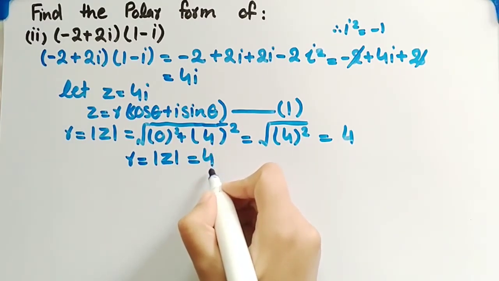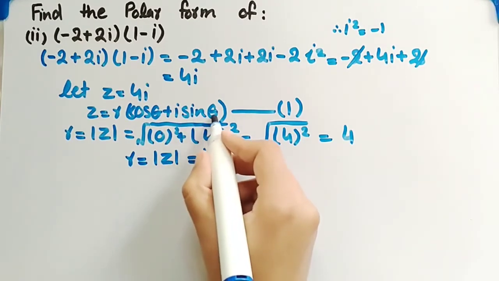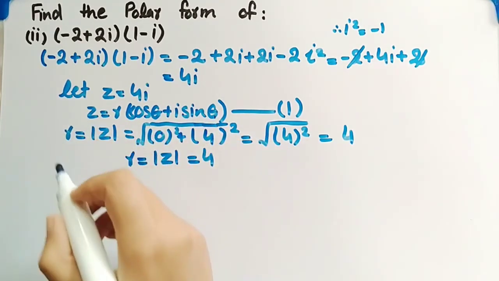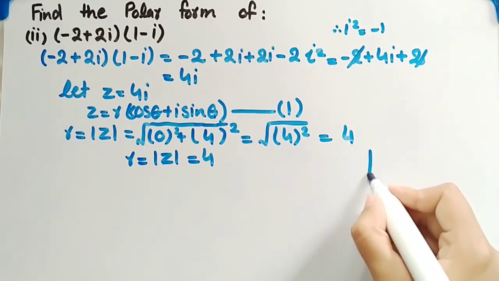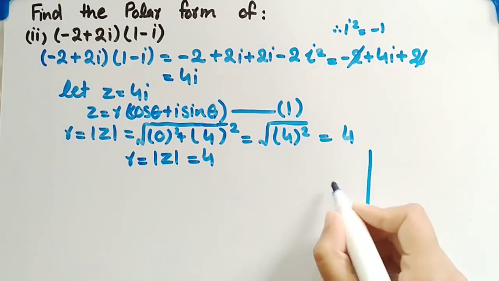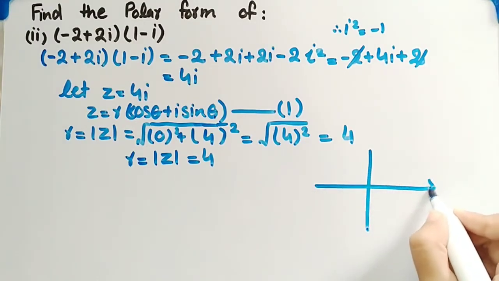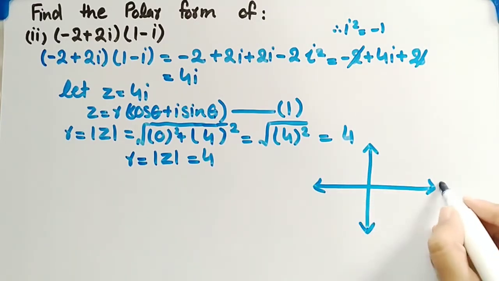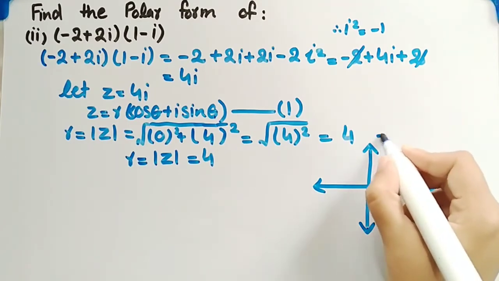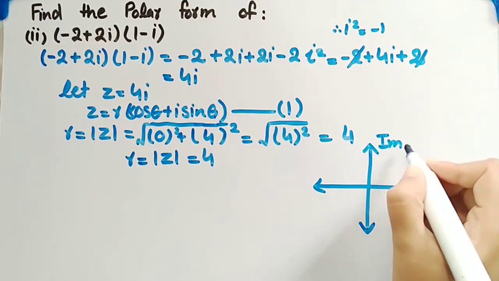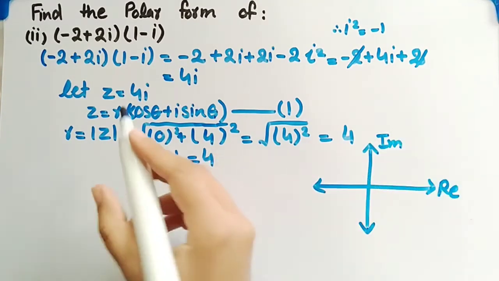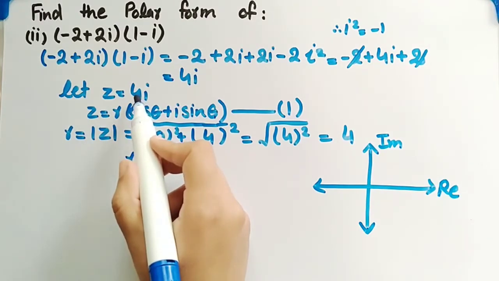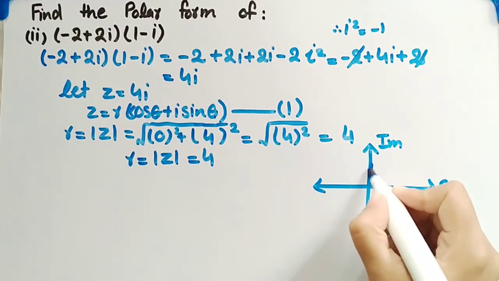Now we will find the value of theta, which is the principal argument of the complex number z. Firstly, we will draw the complex number on the complex plane, and we will see in which quadrant this complex number lies. Let this be the real axis and this be the imaginary axis. The complex number is 4 iota, so it will be on the positive imaginary axis.